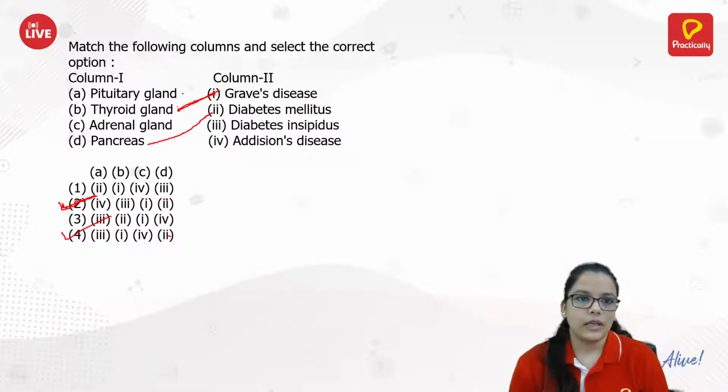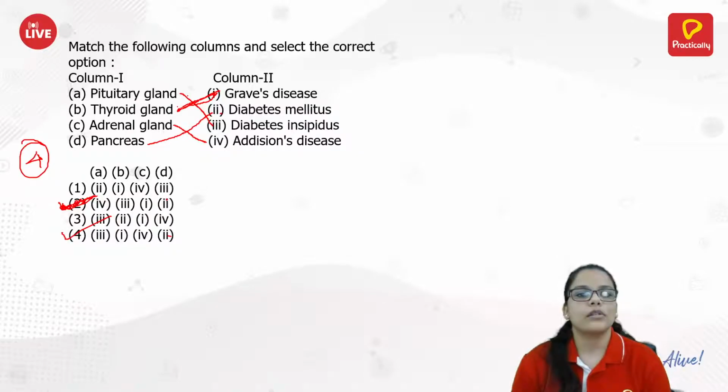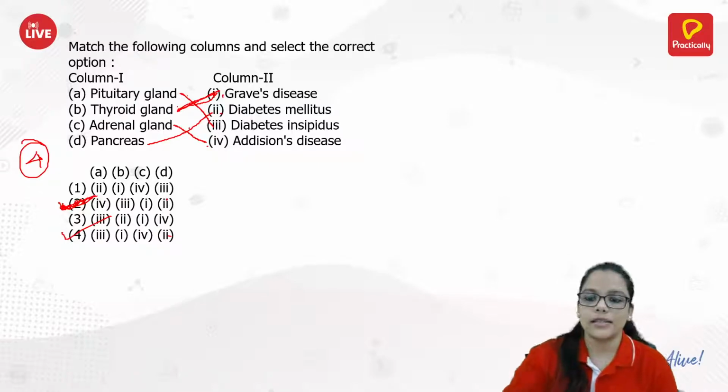Pituitary gland is diabetes insipidus and adrenal gland is Addison's disease. So the answer is 4. I tend to get a little confused when it comes to this. So I know pancreas causes diabetes mellitus, thyroid gland deficiency causes Graves' disease, pituitary gland causes diabetes insipidus, and adrenal gland causes Addison's disease.